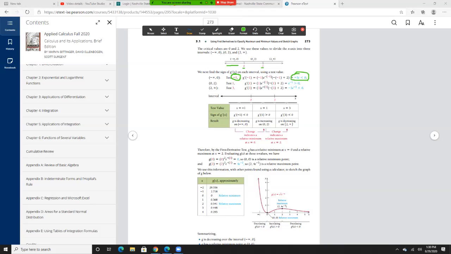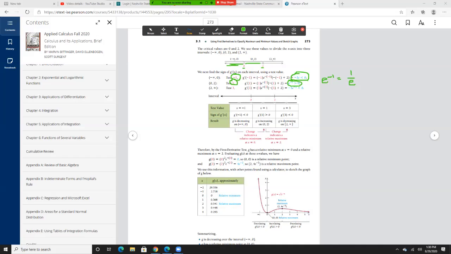Which means it's decreasing on this first interval here. Then between 0 and 2, they chose 1 as their test value, and they plugged that into the derivative equation and got e to the power of -1. Of course, e to the power of -1 is actually 1 divided by e itself, which is positive. So we end up getting a value greater than 0.